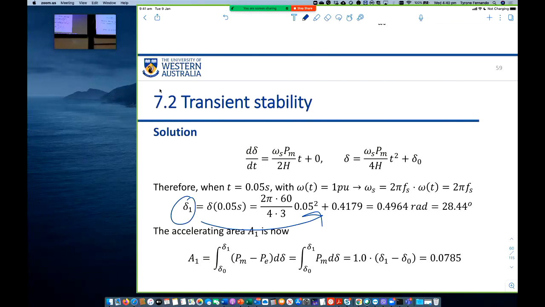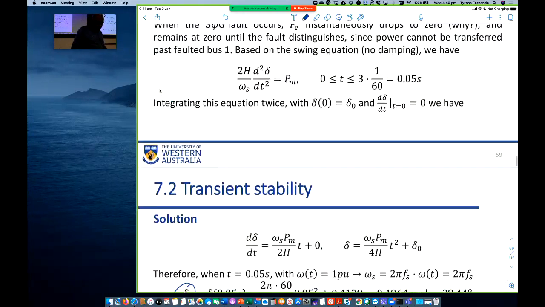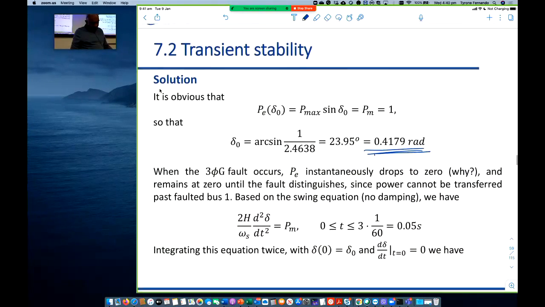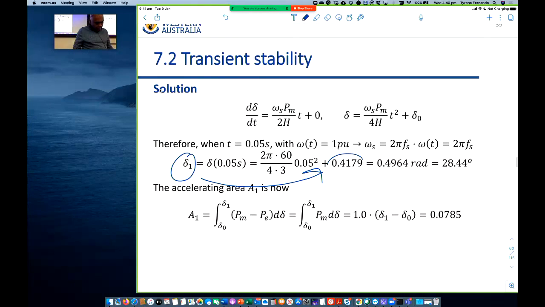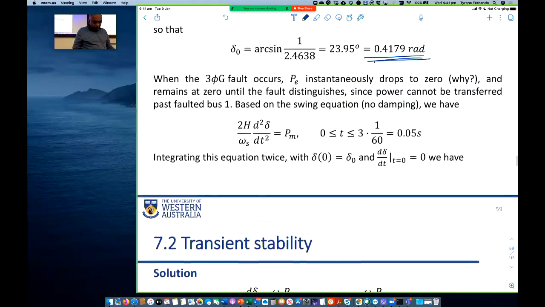There is an equation for delta. This is the initial delta naught, this is t squared, and this is related to omega.